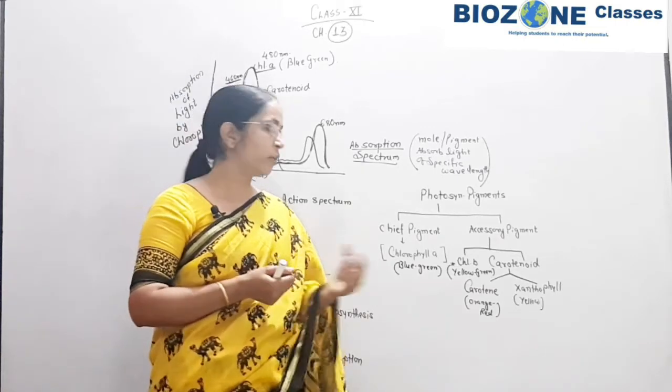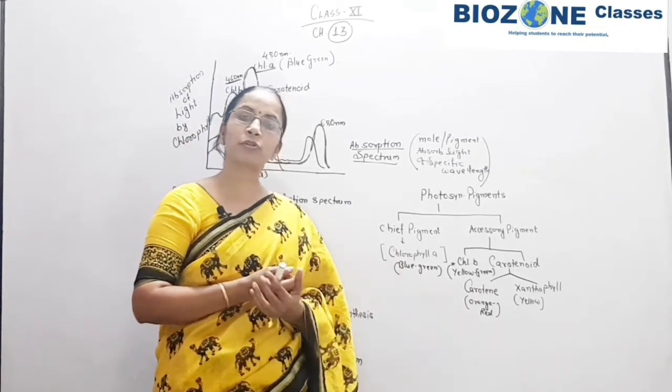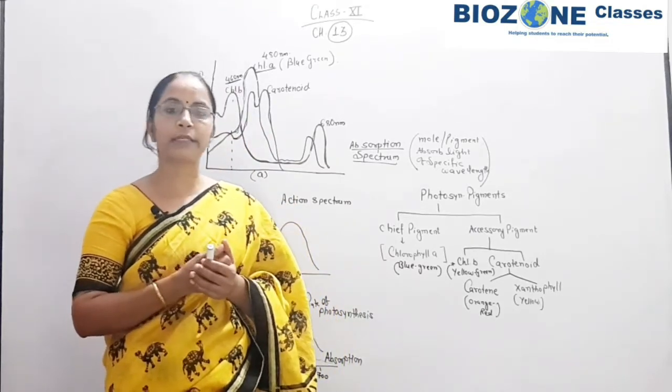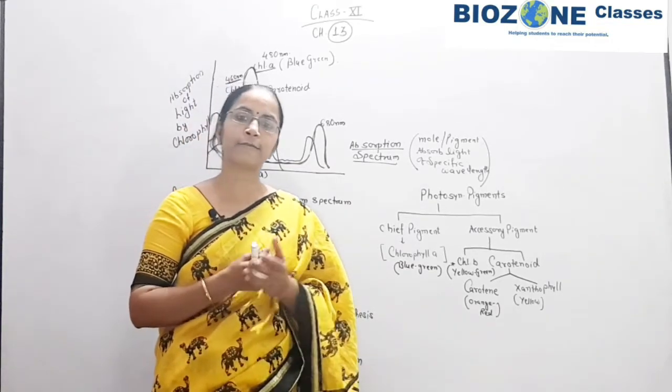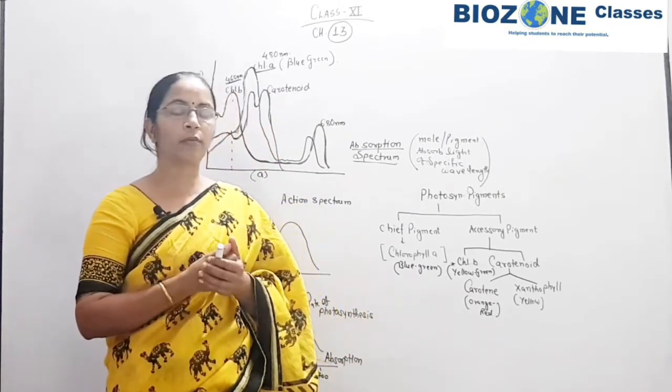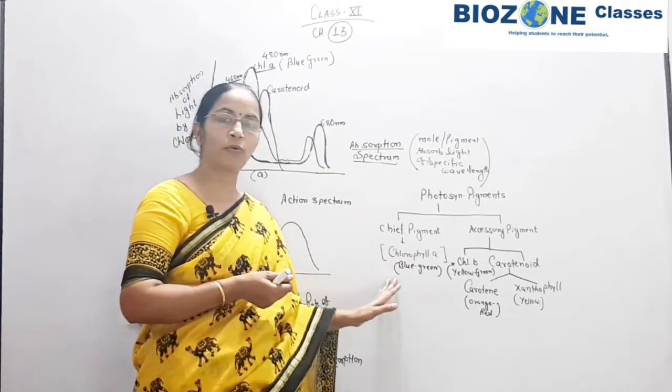So in the next session we study what the structure of chlorophyll is, the phytol ring and tetrapyrrole rings in chlorophyll structures. You study the phytol ring structures, so those structures we study in the chlorophyll molecule.